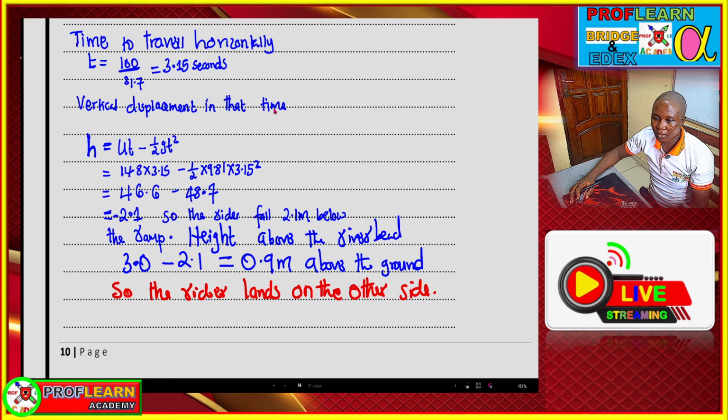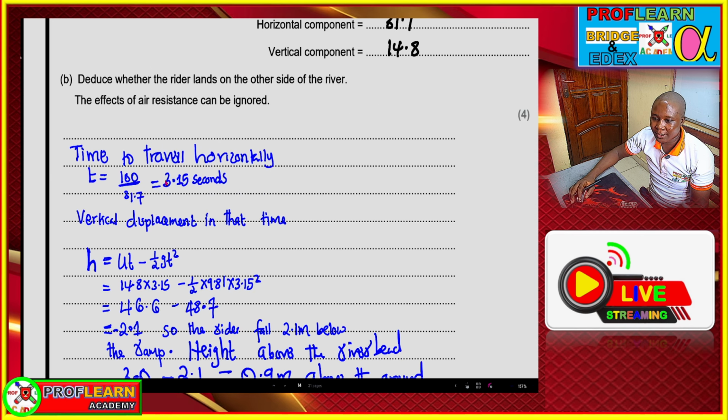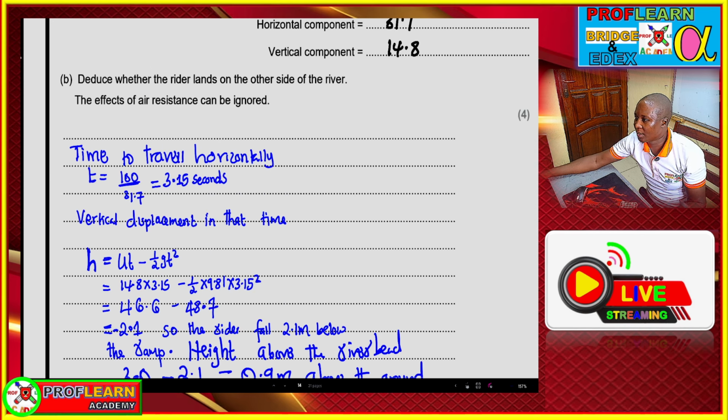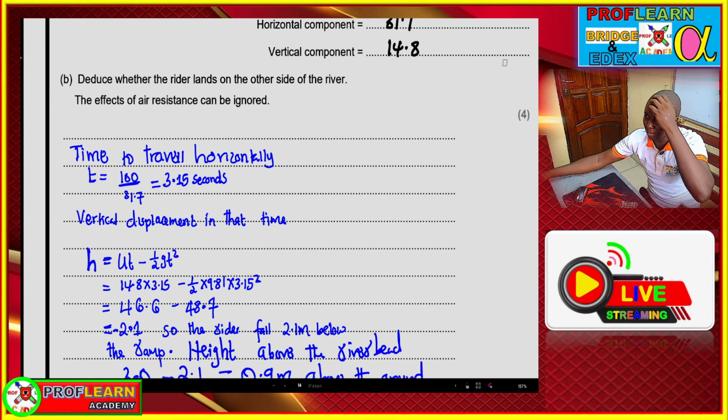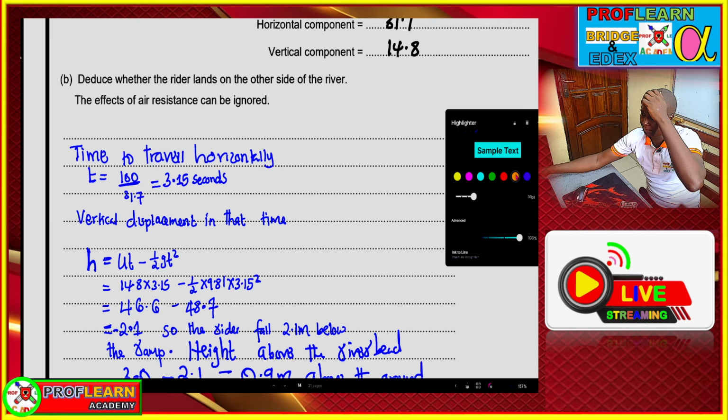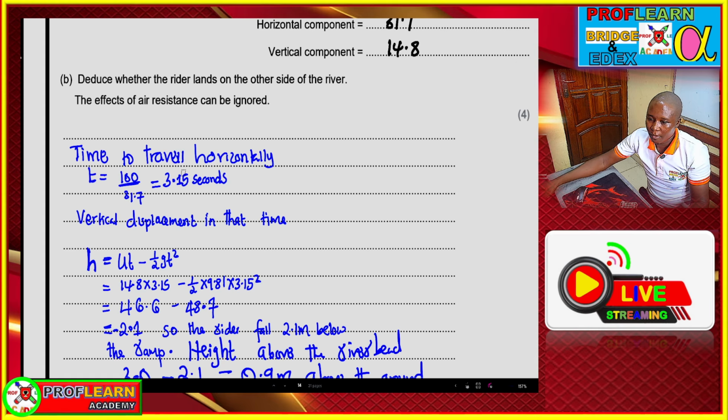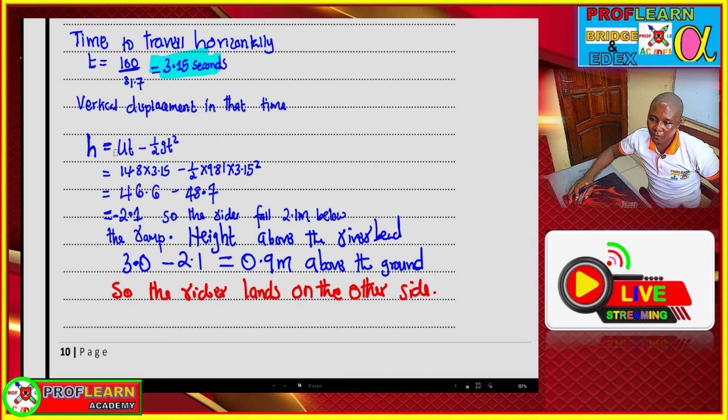Now for the vertical displacement in that same time, we use the same time taken to cover the horizontal distance. So we can find the height of the rider in that particular period.